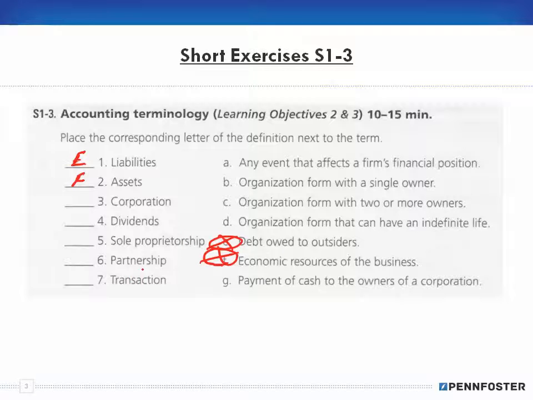A corporation is not a payment of cash, and it's not an event that affects a firm's financial position. A corporation is an organizational form. In other words, with a single owner is a sole proprietorship. So B here would be our sole proprietorship because this is an organizational form.